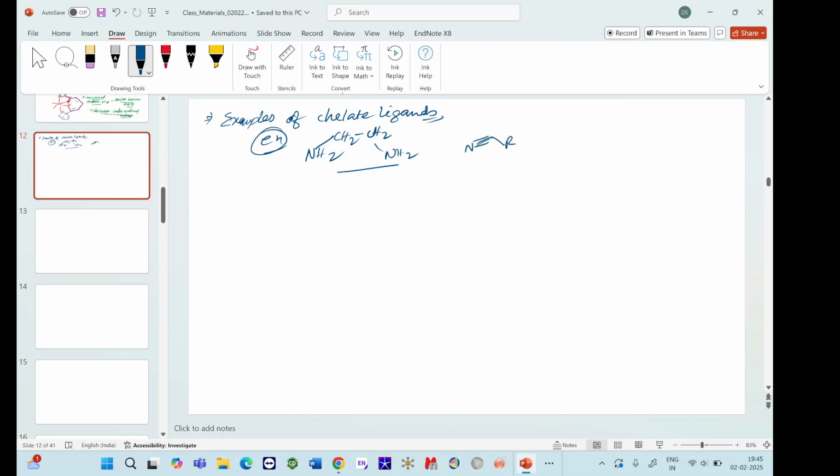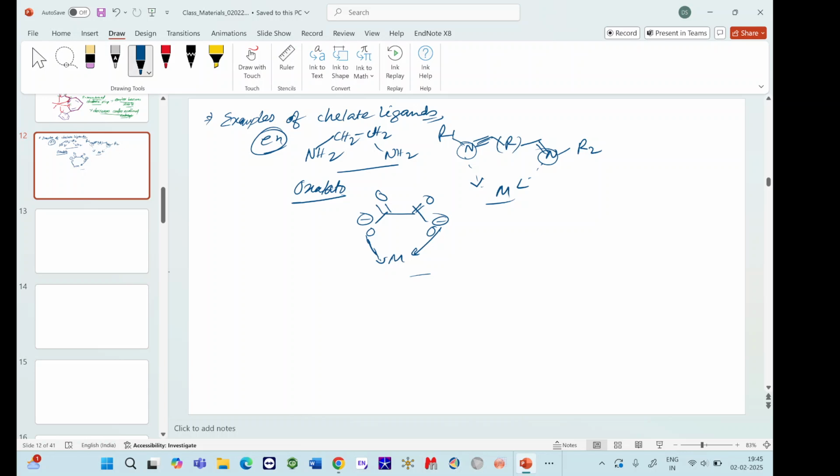Then you have some R group, then again something, and you have another R1 and then R2. So this can also work as a chelate. Apart from nitrogen, you can use oxygen, like the oxalato group. This minus charge can go to the metal center and then it can coordinate. These are the types of chelating ligands that are mostly used in the literature.